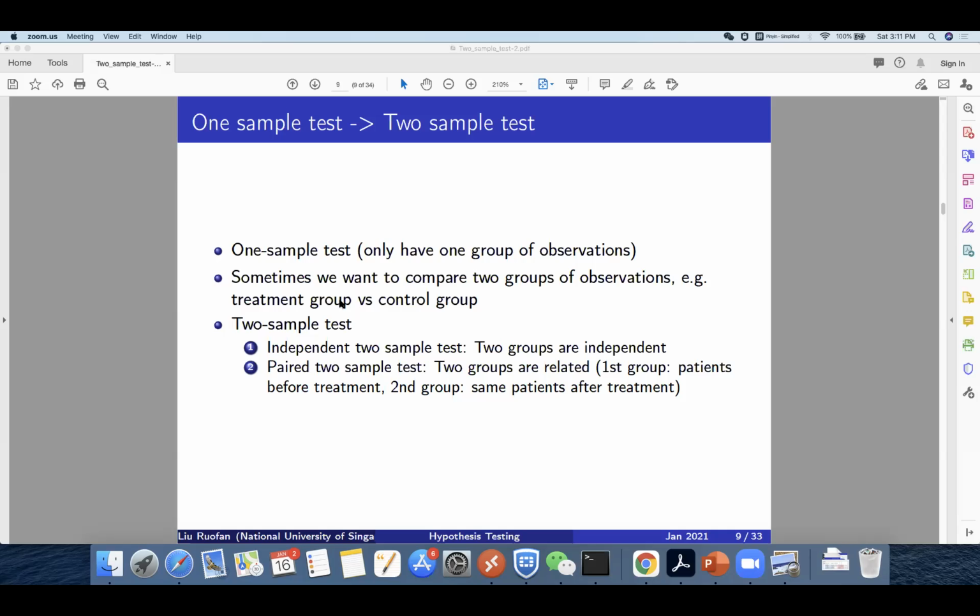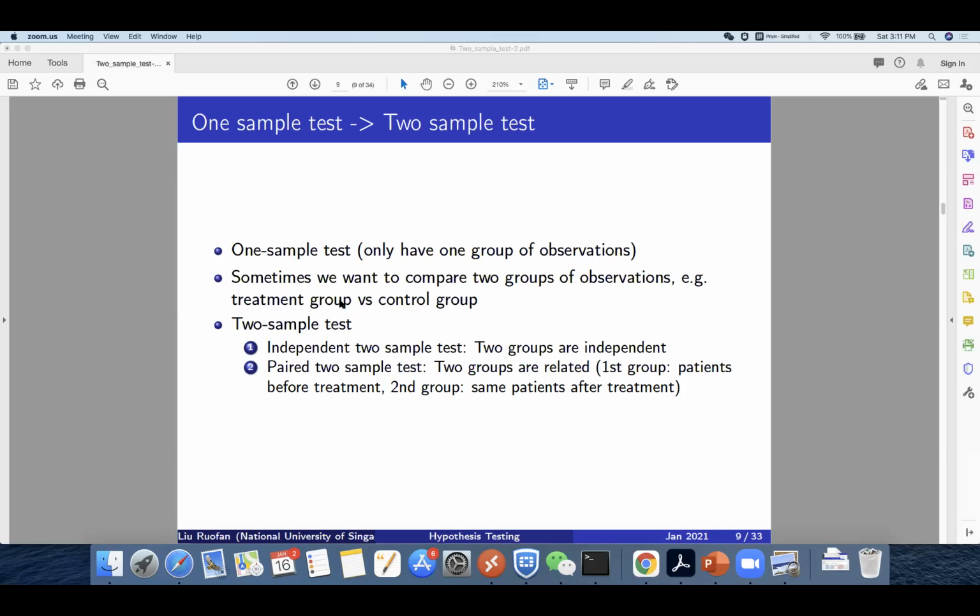There are two types of two-sample tests. The first is called the independent two-sample test. That means the two groups are from different individuals. The second type is called the paired two-sample test. That is when the two groups are related. For example, the first group is a set of patients before treatment, and the second group is the same set of patients after treatment.